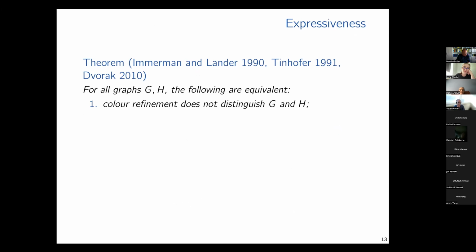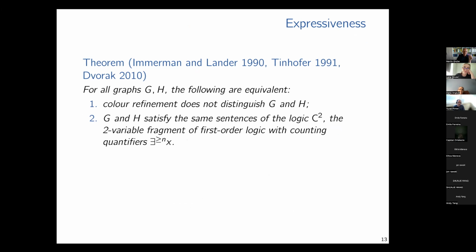Okay, so the algorithm is really nice because it has surprising connections to all kinds of different things. Among them graph neural networks, but also other things. For example, we have a logical characterization. So the theorem says if we have graphs G and H, we want to know what it means if color refinement does not distinguish them.